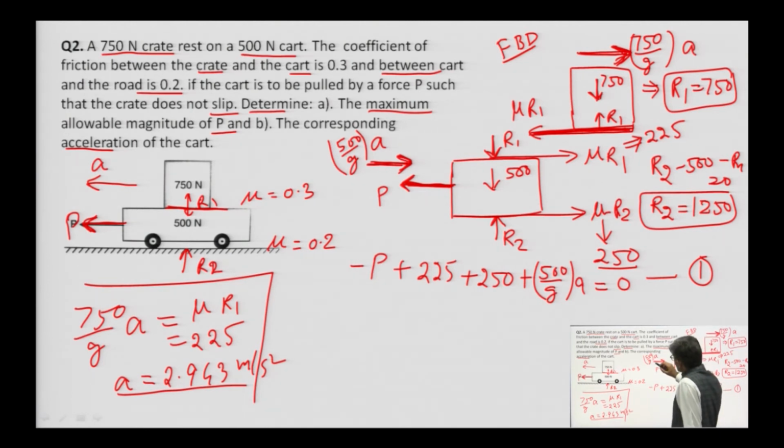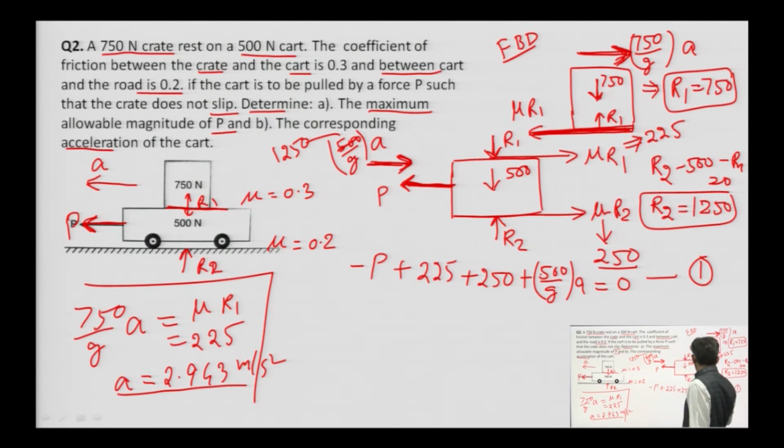We made a mistake here also. We have considered 500 as the mass for this block. It will be 500 plus 750, so 1250 divided by G into A will be the inertia force, because it is carrying both blocks.